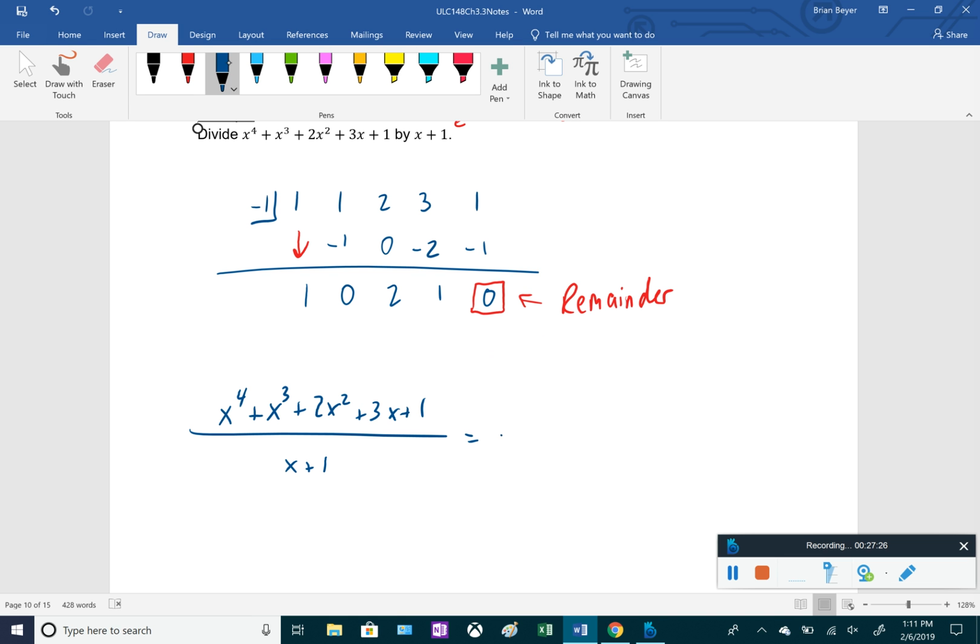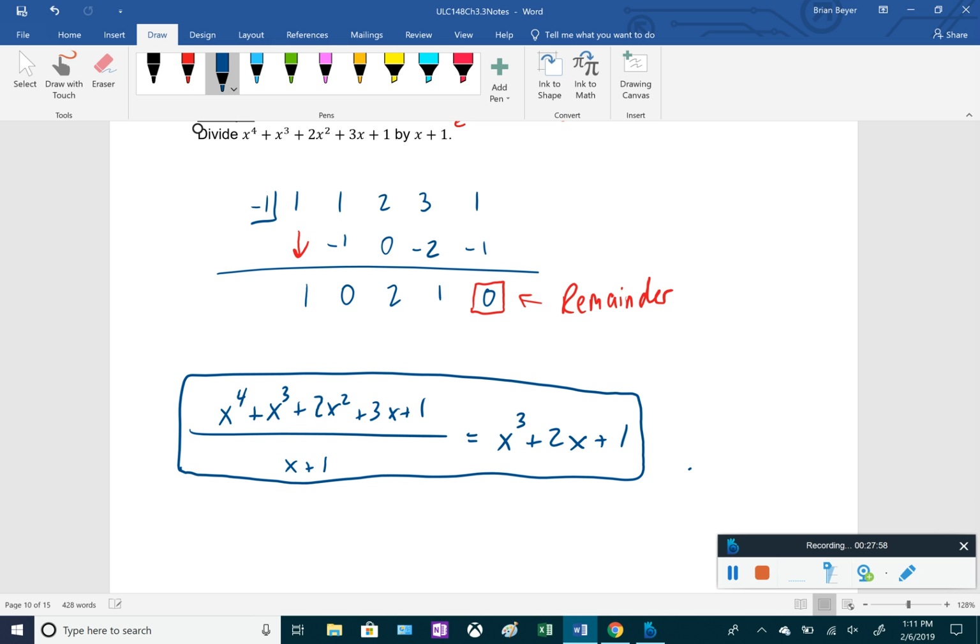So it's going to be 1x cubed plus 0x squared, which I'm not going to write, plus 2x plus 1. And that's going to be plus 0 over the divisor. We do not have to write that, right? Anytime the remainder is 0, we don't need to write 0 over something, so I'm just going to erase it. And this is our answer.